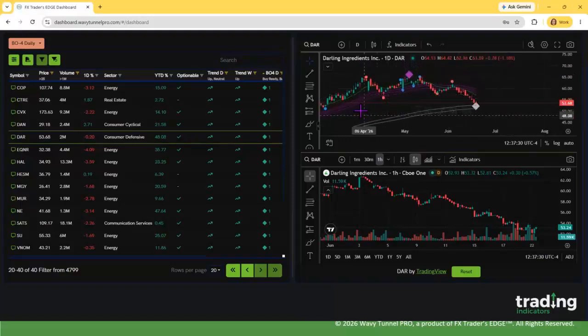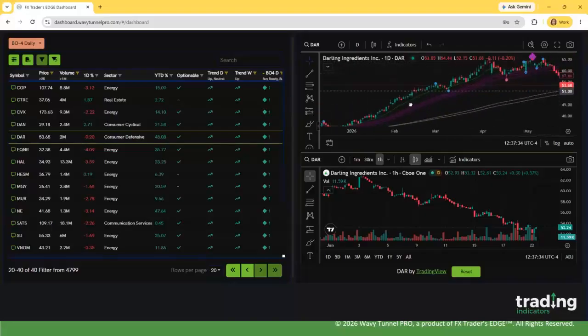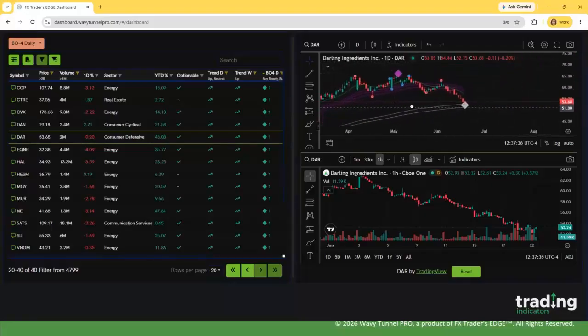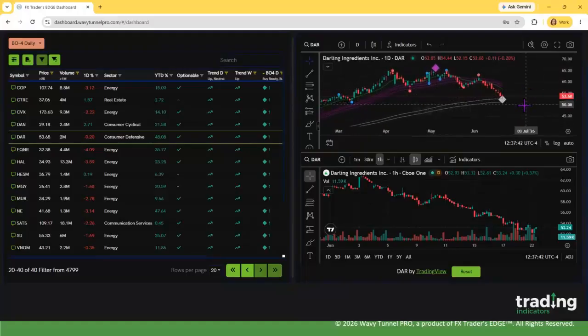And we have had a nice correction in a beautiful uptrend. So this is very nice. I'm going to put it on the watch list, but we do need to see some green candles and some consolidation before doing anything here.